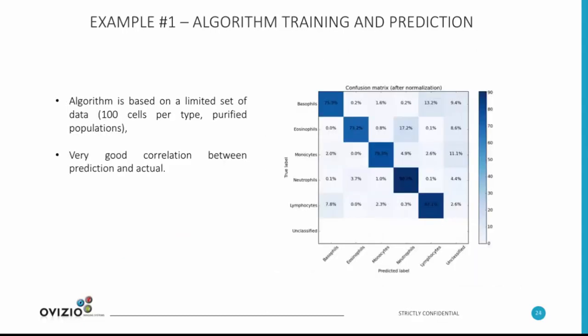And then there was the algorithm that was based at first on a limited set of data, so only 100 cells per type in purified populations. And there already we saw very good correlations between what we predicted would be in the population and the actual population.